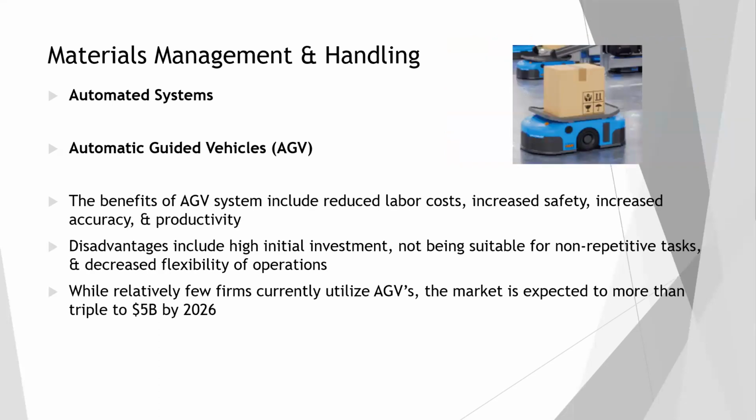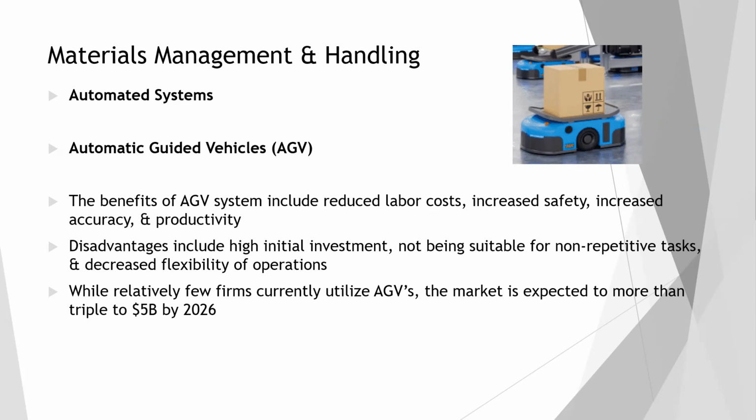The benefits of AGV systems include reduced labor costs, increased safety, increased accuracy, and more productivity. Again, very similar to all of our other automated systems. The disadvantages include high initial investments, decreased flexibility in operations, and it's also not suitable for non-repetitive tasks.